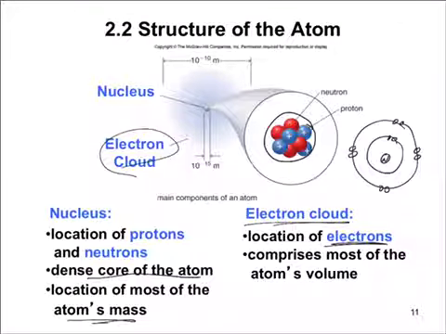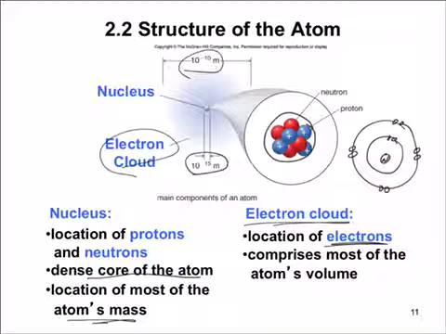Now, representatively, the size of the average nucleus is about 10 to the minus 15 meters, whereas the size of the atom is about 10 to the minus 10 meters. Okay? That is a really big difference.